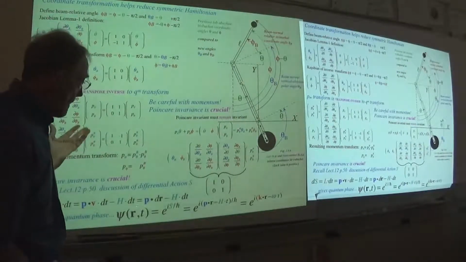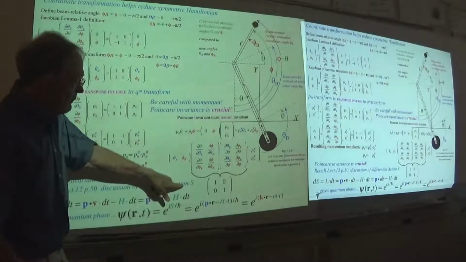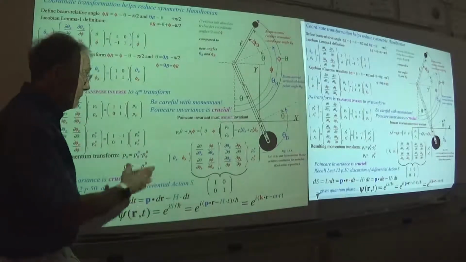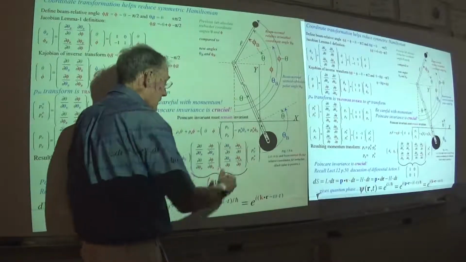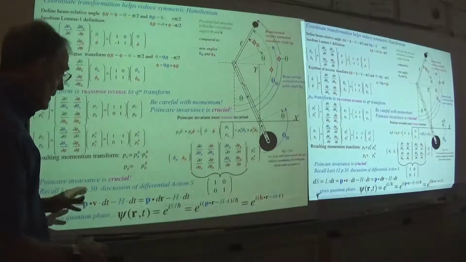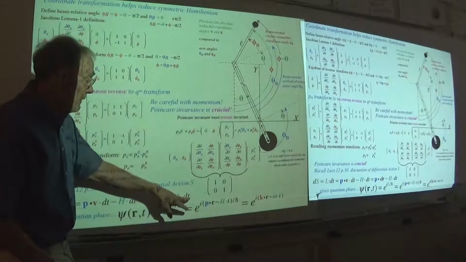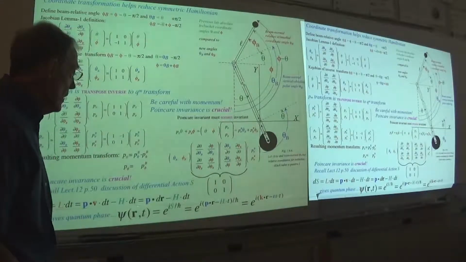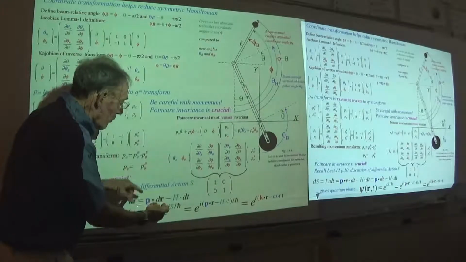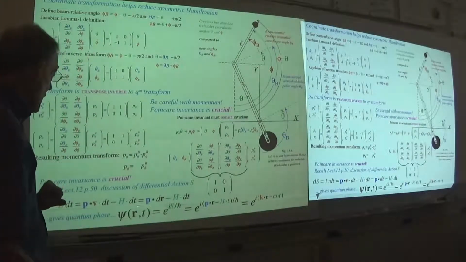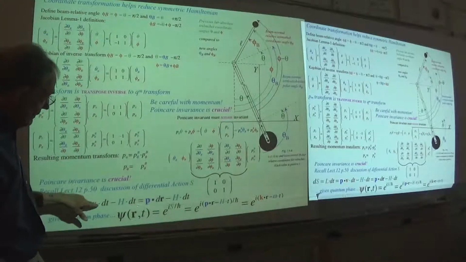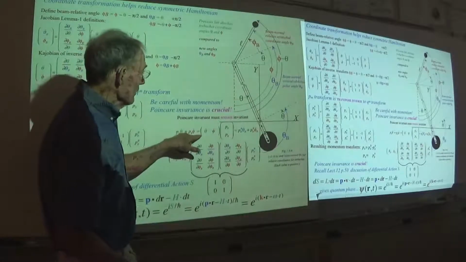Page 50, discussion of the differential action. That's what this is part of. The whole thing has got the energy, which is constant for a Hamiltonian, and differential in time. But this part right here, momentum times velocity, dot velocity. Okay, that's what we have here.